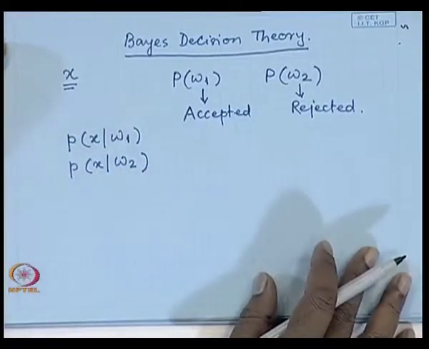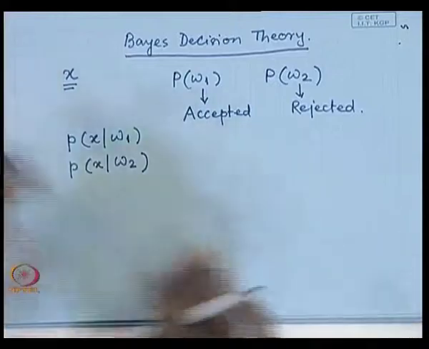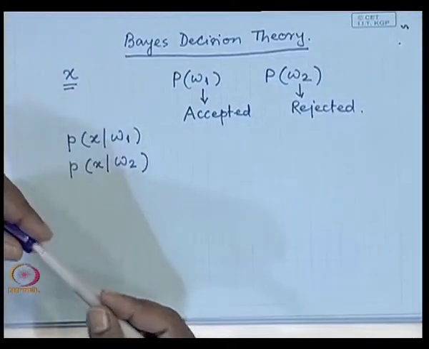But finally, our classification problem is that we have an observation x, and based on this observation we have to put this object either in category omega 1 or in category omega 2. Effectively, what we have to find out is P of omega 1 given x and P of omega 2 given x.